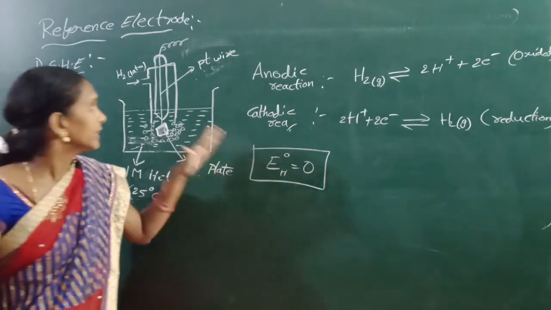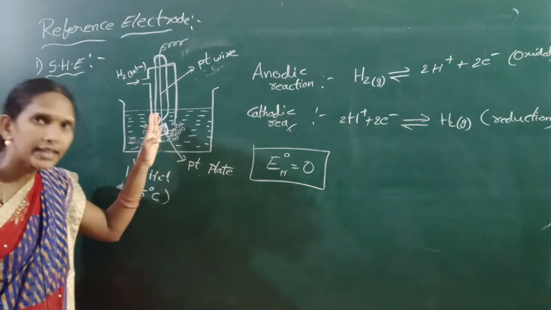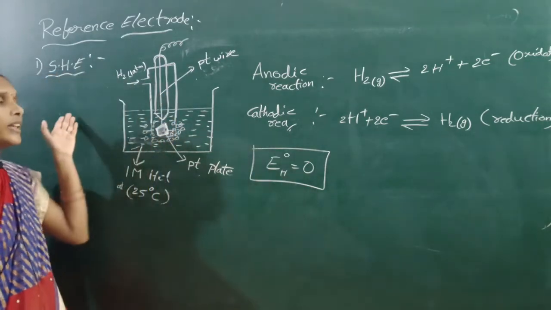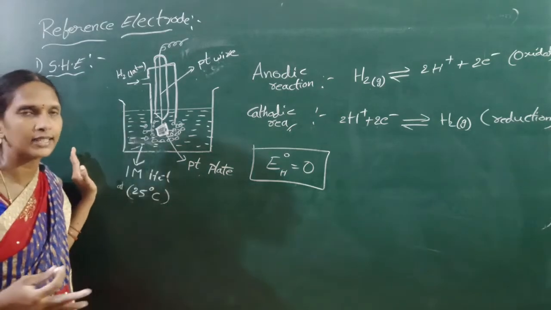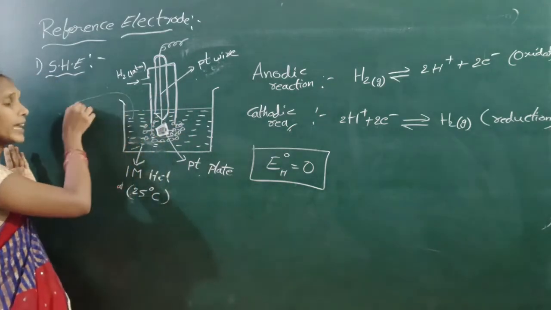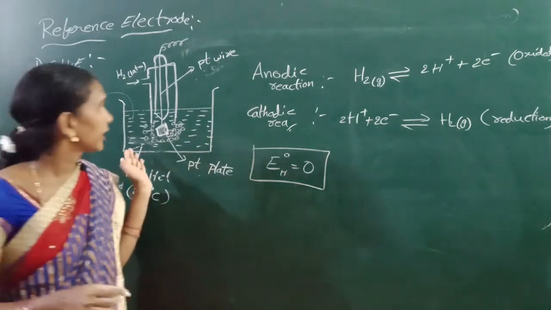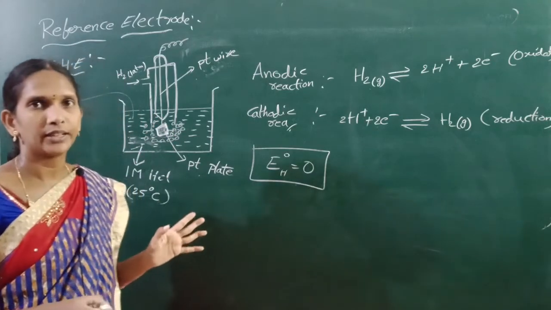Then this electrode is coupled with another single electrode. Then the potential will be calculated.